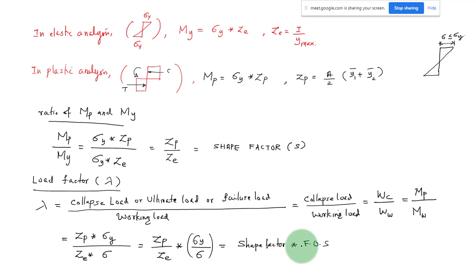One or two may be given, such as the load factor, and you have to find the shape factor. Something like that they will frame the question. So this term is nothing but the factor of safety used in elastic design, and this is my permissible stress.